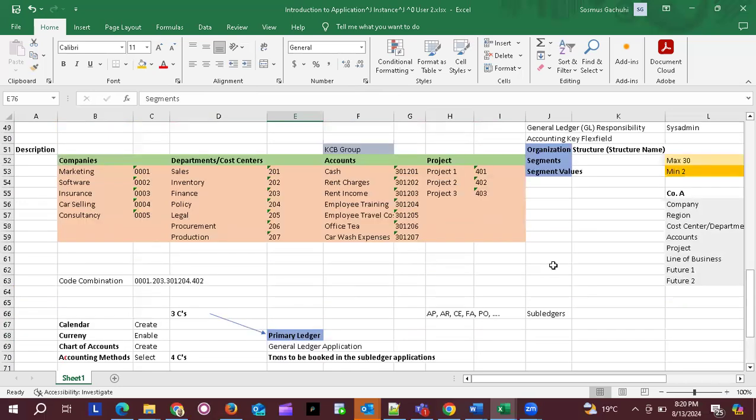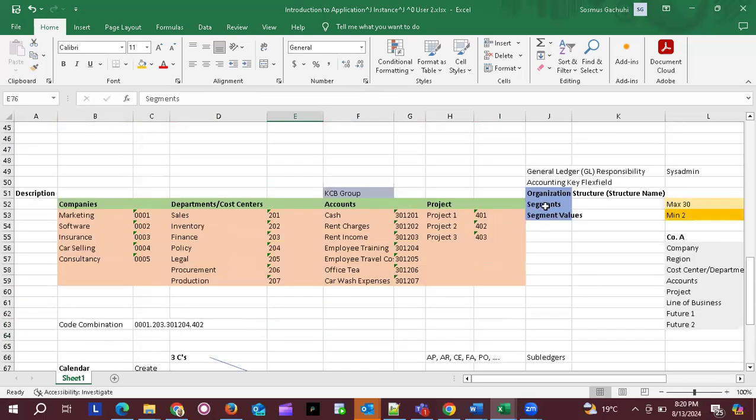So remember here up, for us to be able to come up with chart of account, we have to have the access to the general ledger responsibility through the key accounting key Flexfield feature. We can be able to define the organization structure or structure name, the segments and segments values.